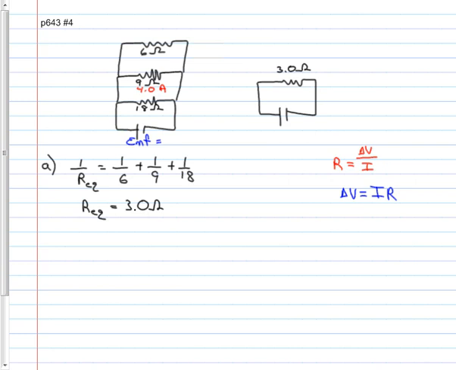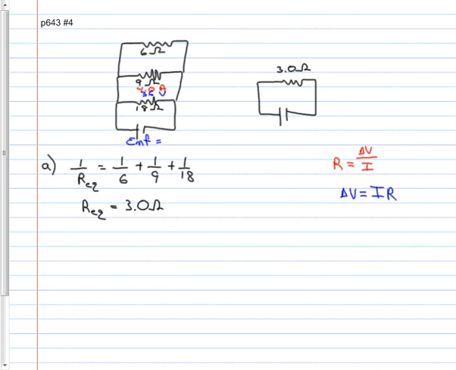Anywhere on this diagram do I know two of the three? Yeah, right at this 9 ohm one. I can figure out the voltage drop across it. I just take my current, 4 amps, times my resistance, 9. 4 times 9 is 36. There are 36 volts going across that resistor.